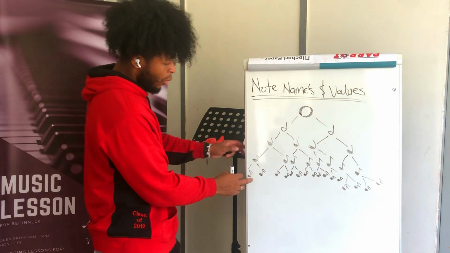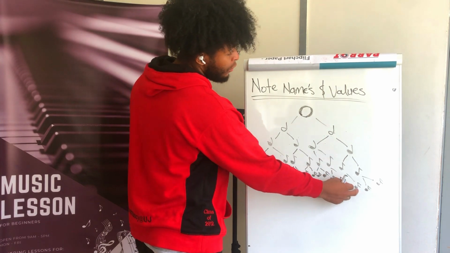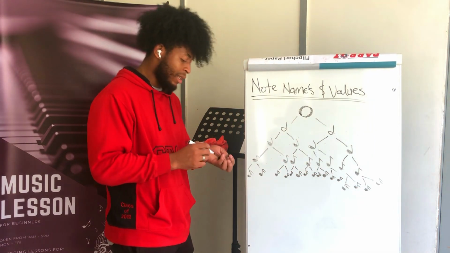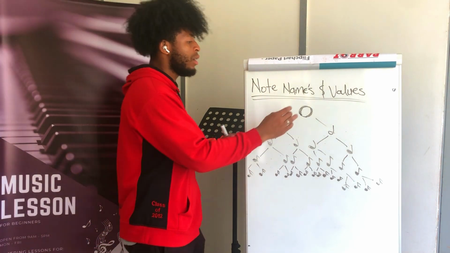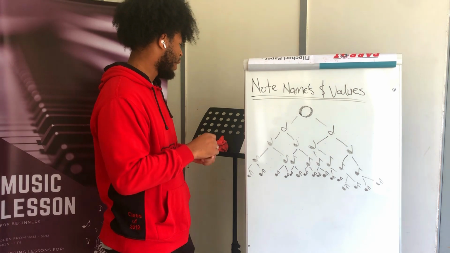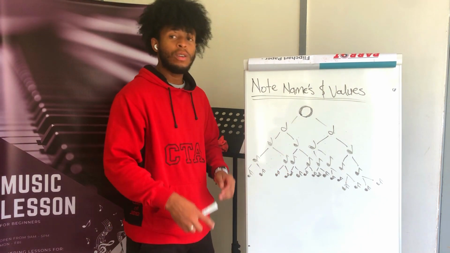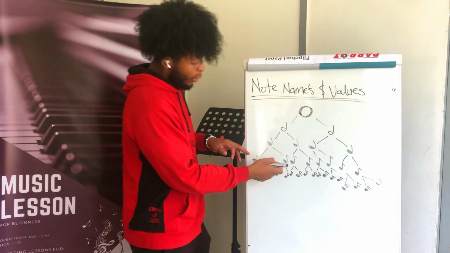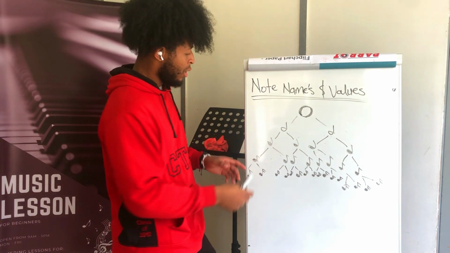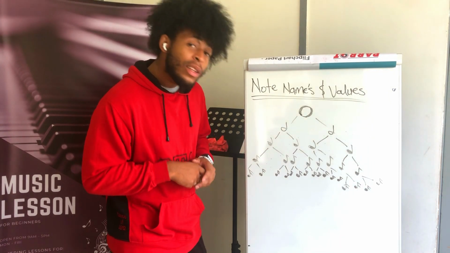So you would need 1, 2, 3, 4, 5, 6, 7, 8, 9, 10, 11, 12, 13, 14, 15, 16 semiquavers to make a whole note, which is your semibrief, right? So you understand now. That's why this semiquaver is called the 16th note. The quaver is called the 8th note. The crochet is called the what?